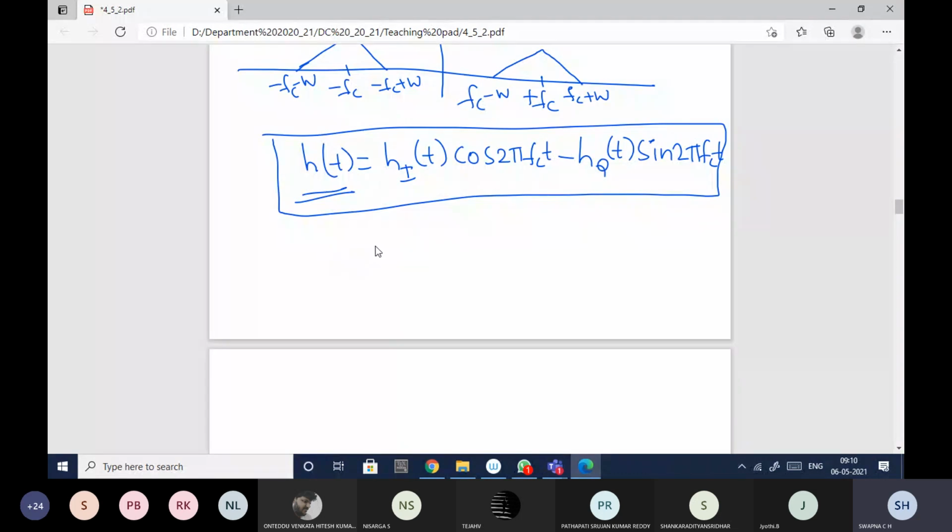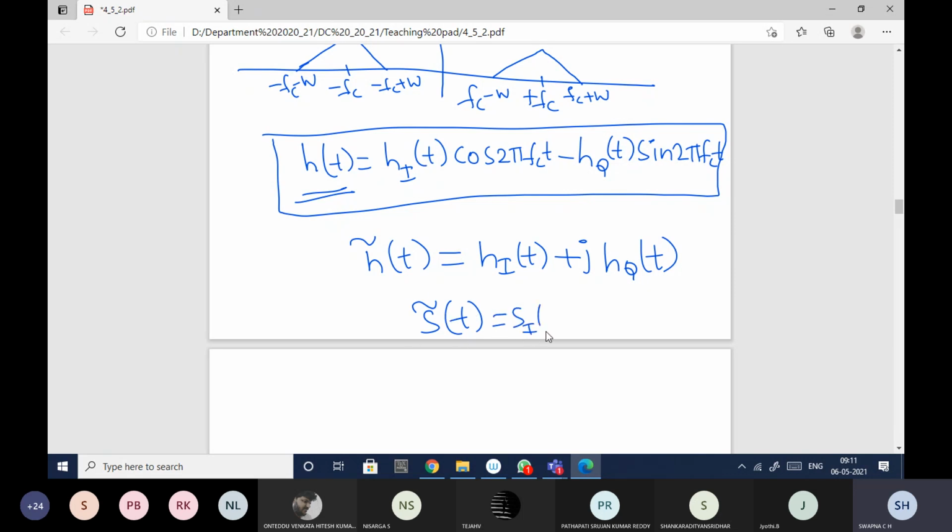So you already know what H tilde of t will be. H tilde of t is a complex envelope, which again we can write in terms of hi of t plus j hq of t. If you turn back your pages and see, S of t is a bandpass signal, and S tilde of t can be represented as SI of t plus j SQ of t.